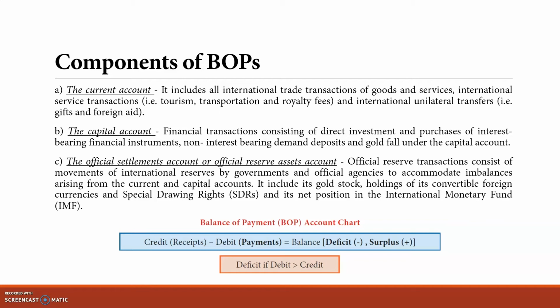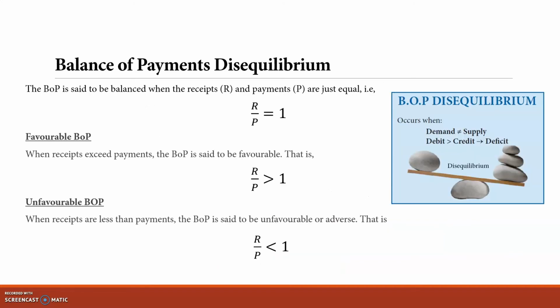Are you able to understand? If a country is unfavorable, import is greater than exports. If a country is favorable, export is greater than imports. So if the country is in a deficit position, the debit is greater than credit.